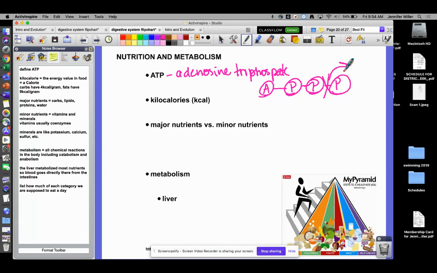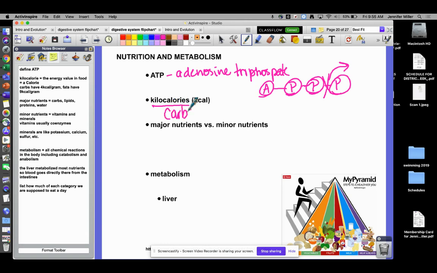Now, the energy that is available to us in the food that we eat is listed on a package as calories. Really, that calorie is a kilocalorie, and it is a measure of the energy available to you in that food. There are some calculations here that I want you to know.